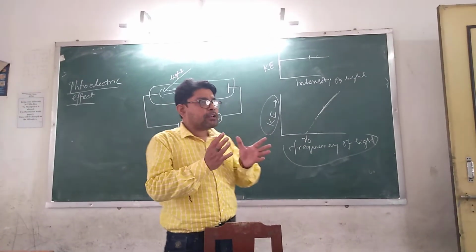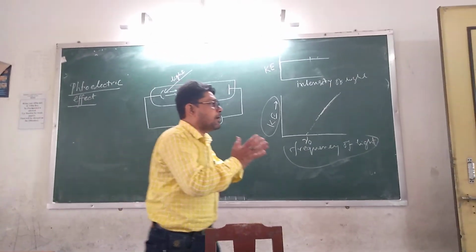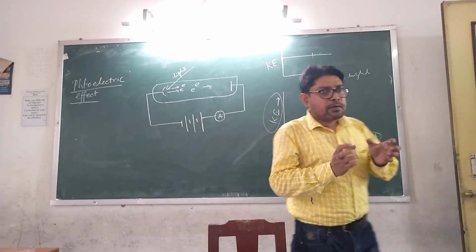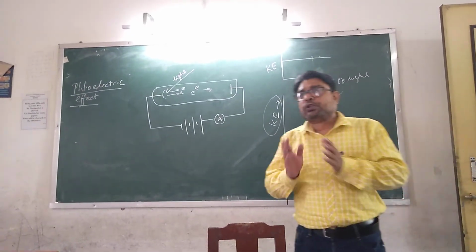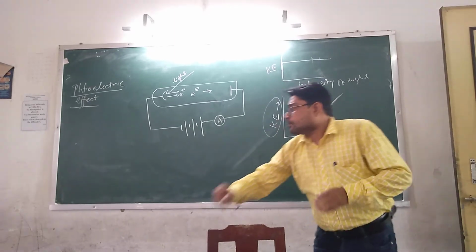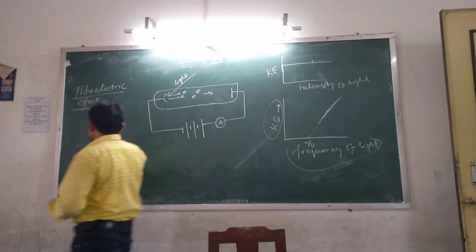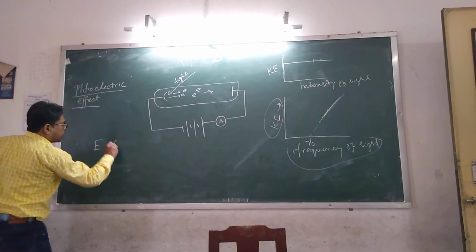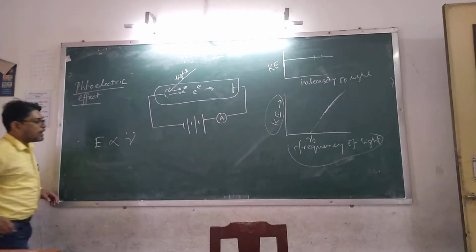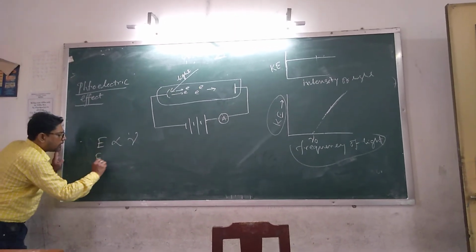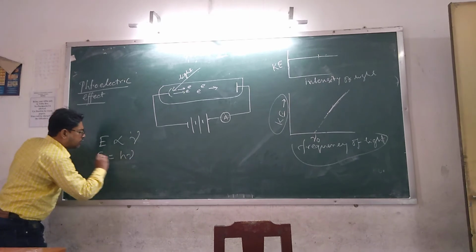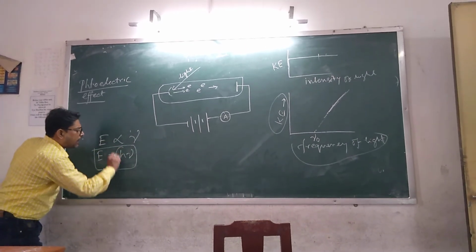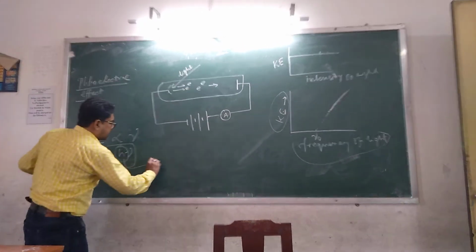Each packet of energy is associated with some energy, and that energy is directly proportional to the frequency of the emitted radiation. We can calculate that each packet contains energy E equals h nu, where h is Planck's constant.